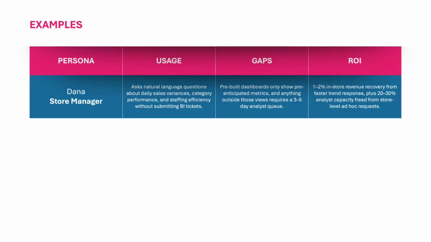Given that, for this particular use case the ROI might be, well, if she can answer these questions by herself, and get those answers without having to ask anyone and wait, then maybe there's a 1 to 2% in-store revenue recovery, where she says, hey, I can definitely do that if I had this information.